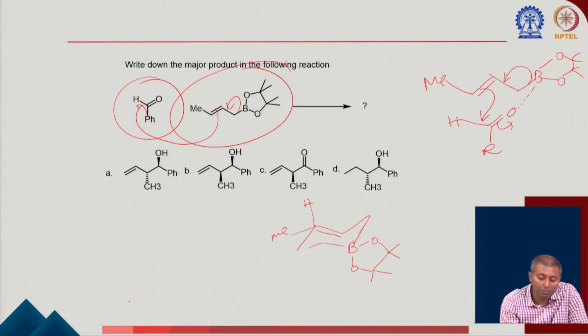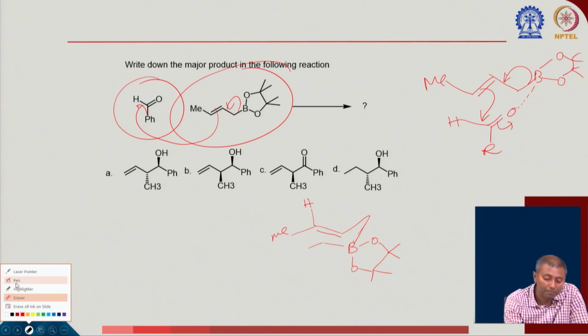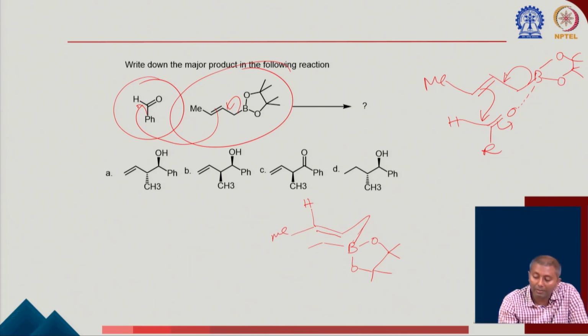This is the bond which is going to be formed, and then there is a carbonyl going to be here which is going to coordinate with this. And now you don't want to keep this bigger group in the axial position, so if you have benzaldehyde, you will put the phenyl here and the H here.